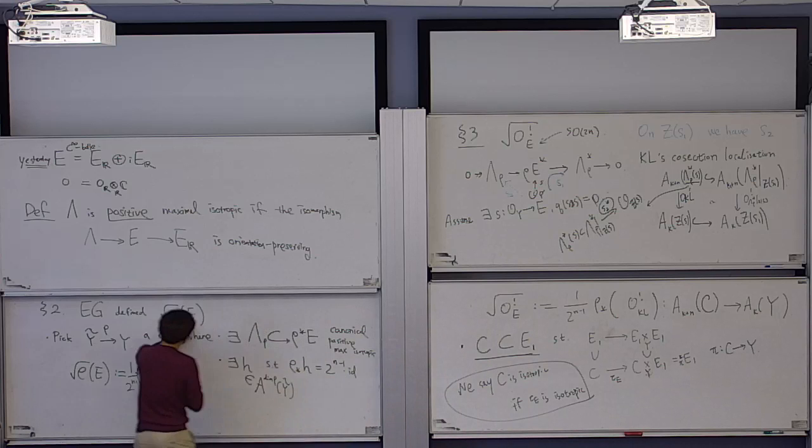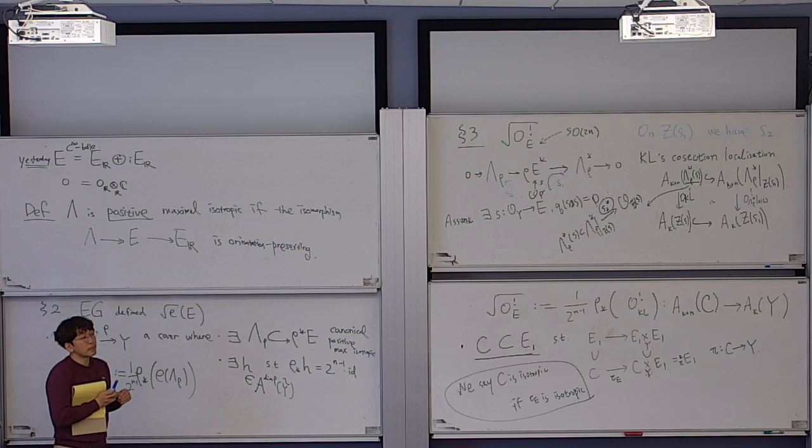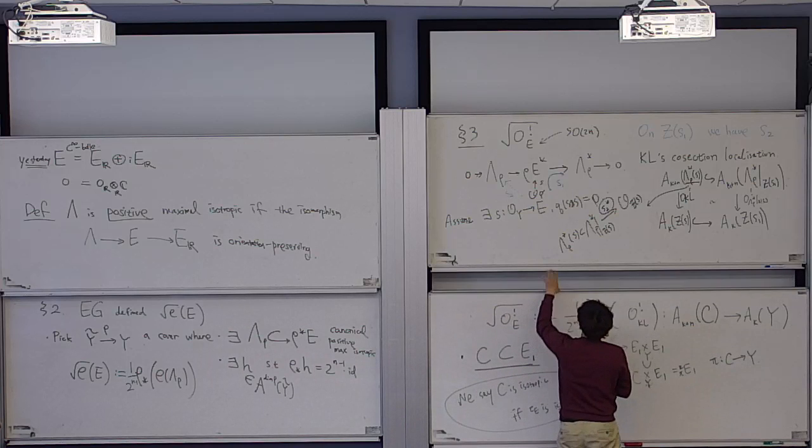Because if we start with the special orthogonal bundle, it may not have a maximal isotropic subbundle. So we should start with the isotropic section.